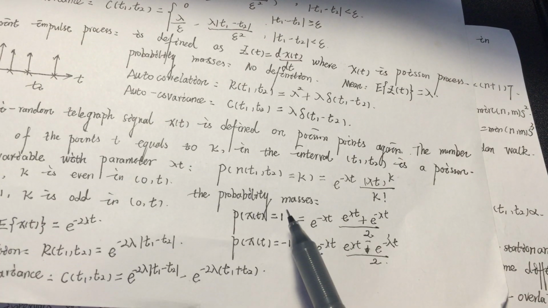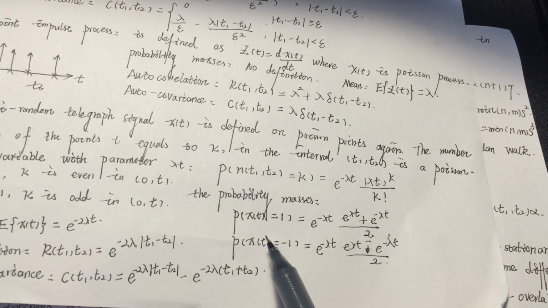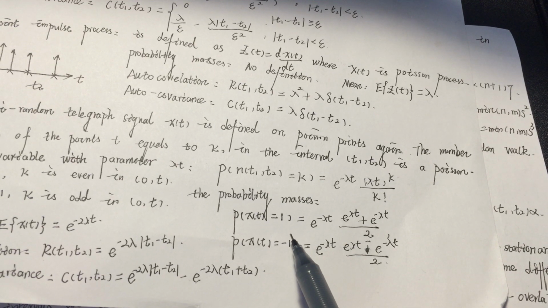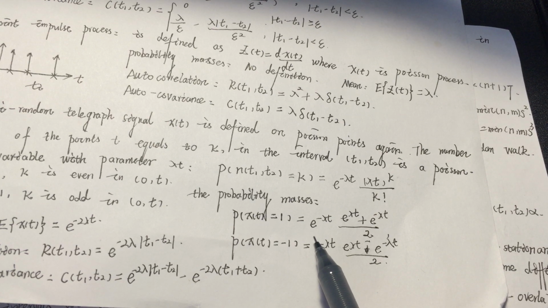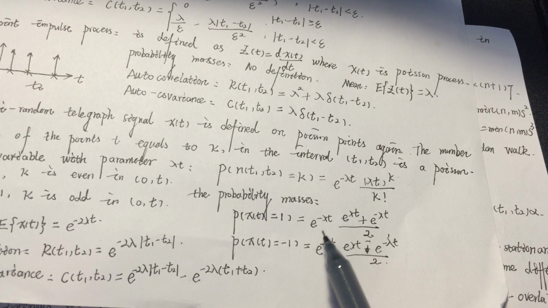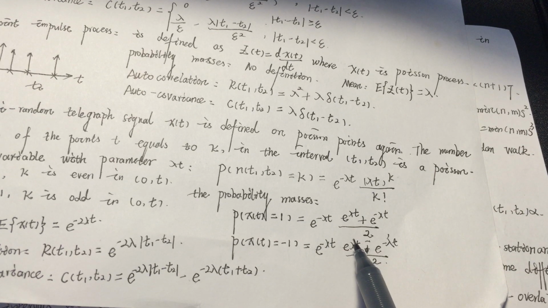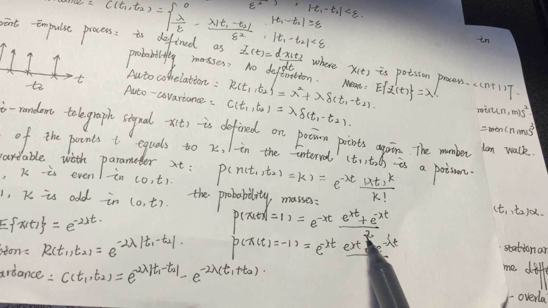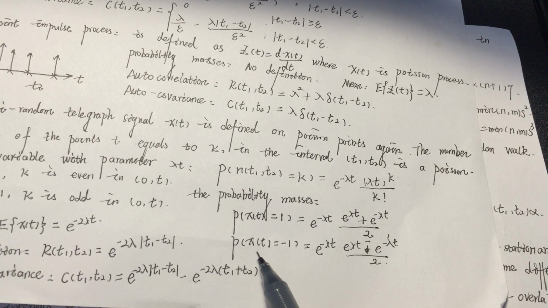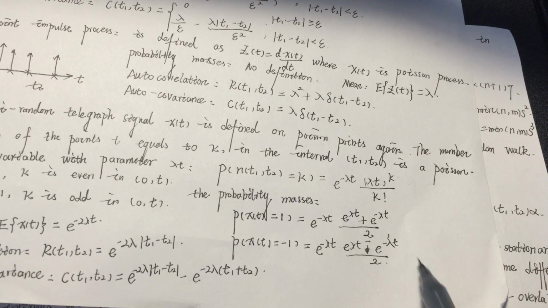Therefore, in the mass function, the probability that X equals 1 is e to the power of minus lambda t multiplied by (e to the lambda t plus e to the minus lambda t) over 2, and the probability that X(t) equals -1 equals e to the power of minus lambda t multiplied by (e to the lambda t minus e to the minus lambda t) over 2.